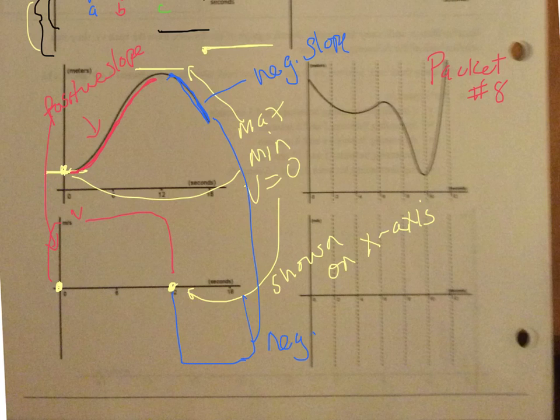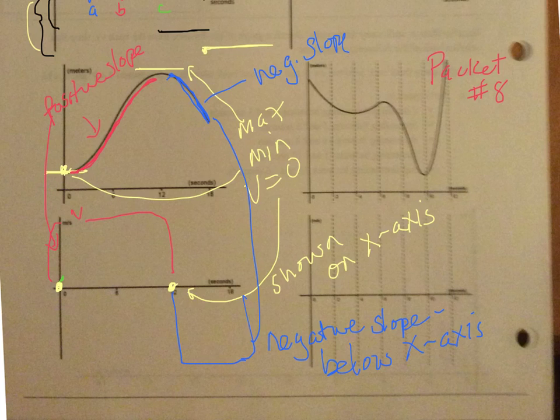A negative slope has to be below the x-axis. Okay, so how do I connect that information? Well, in order to put it all together, I have to start at 0, okay?